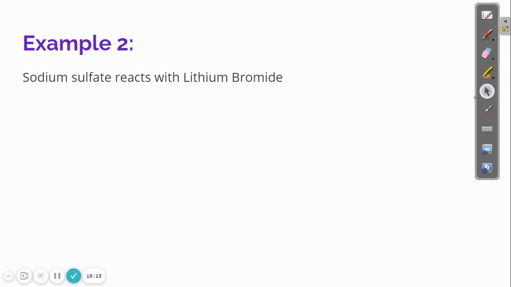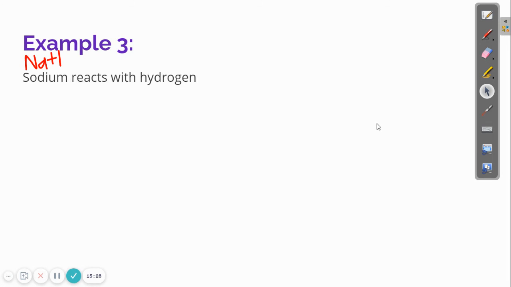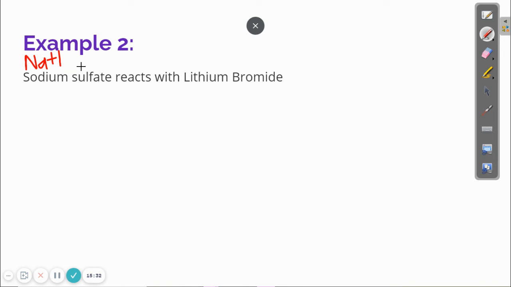On this next one, I have sodium sulfate reacts with lithium bromide. So sodium sulfate. Sodium is Na+1. Oh, I accidentally skipped back. Hold on just a second, guys. There we go. All right. Sodium is a +1. Sulfate is SO4 with a -2.